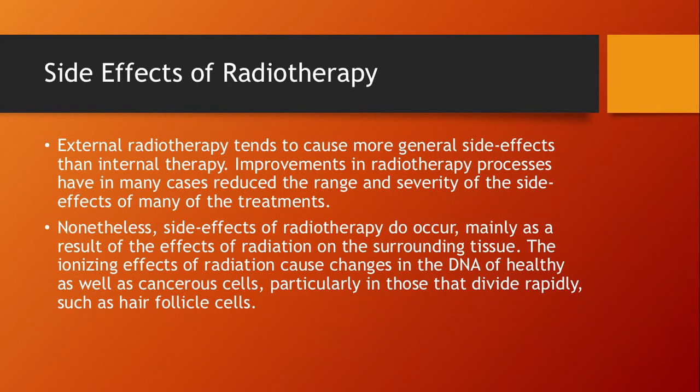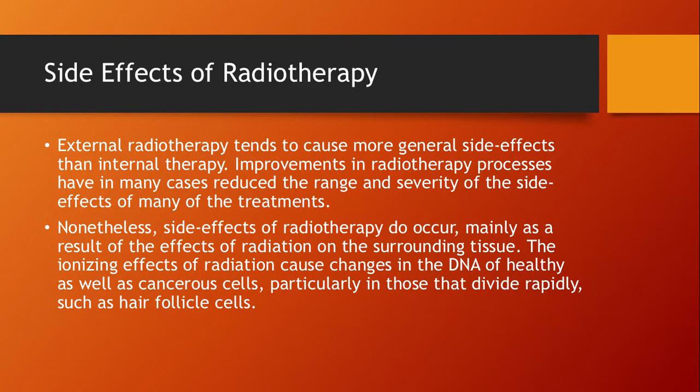So we have to talk about some of the side effects of radiotherapy. External radiotherapy tends to cause more general side effects than internal therapy. Improvements in radiotherapy processes have in many cases reduced the range and severity of the side effects of many of the treatments. Nonetheless, the side effects do occur, mainly as a result of the effects of radiation on the surrounding tissue.